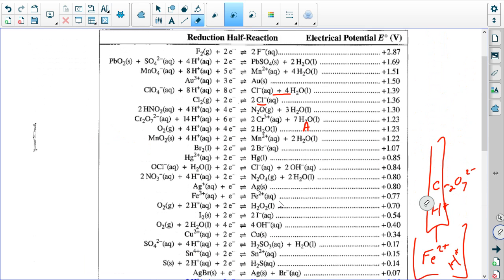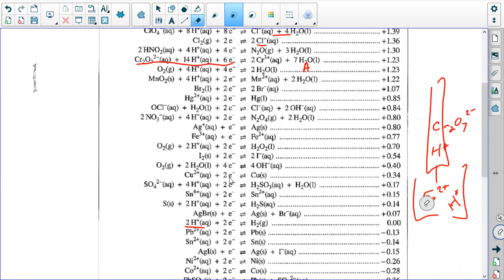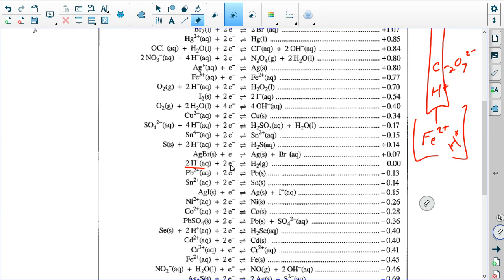The dichromate, or the acidified dichromate, is here. So we have the dichromate ion plus our hydrogen ions. So that's an oxidizing agent. Now we make a mistake quite often here. We say, hey, tin 2 is an oxidizing agent, and we leave it at that.